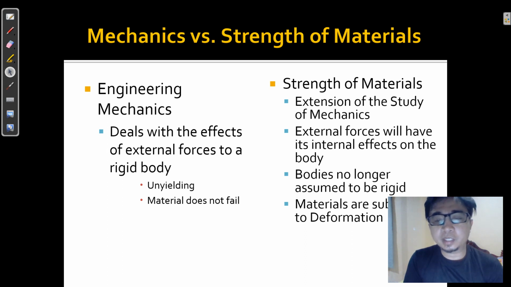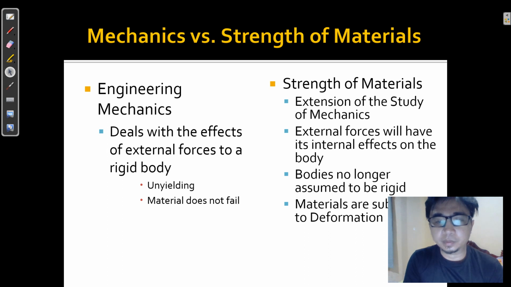The main interest of this subject is the deformation, because in actual practice, we can no longer assume that the material will not bend, will not twist, will not crush, or is not subject to any type of failure. That is why the subject is termed deformable bodies.